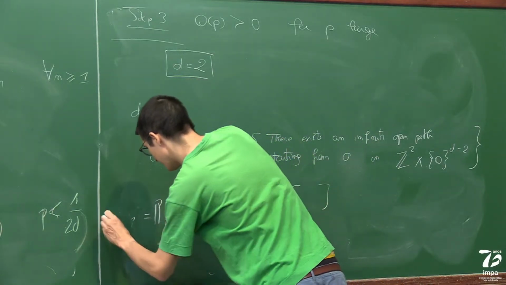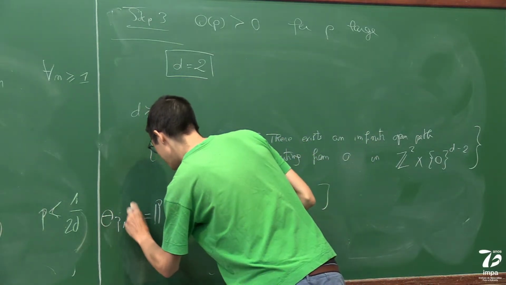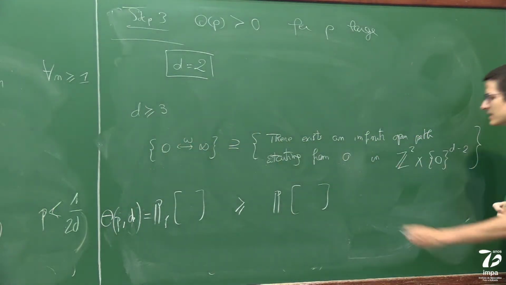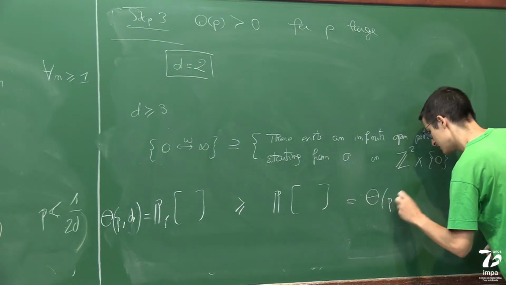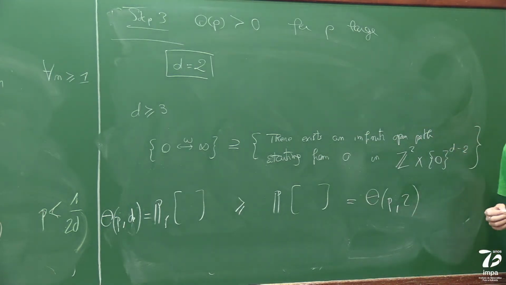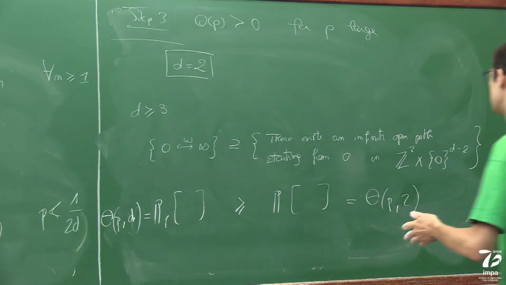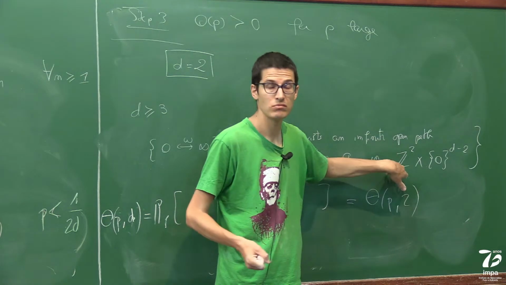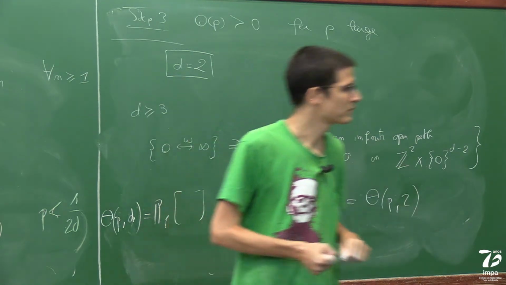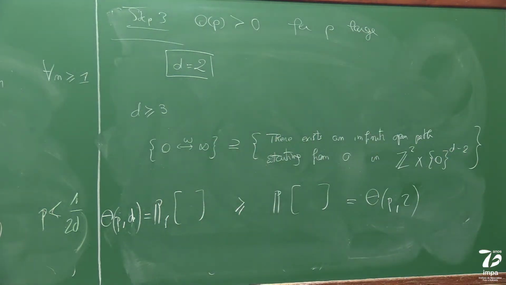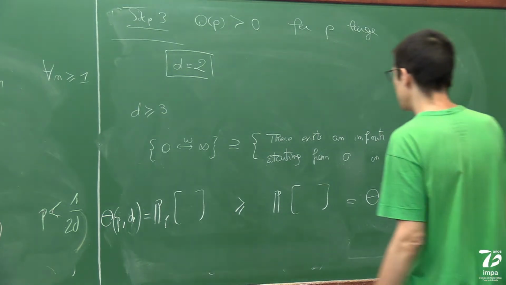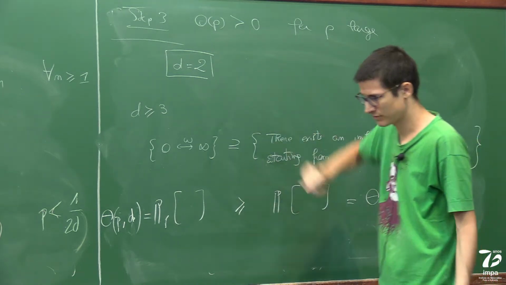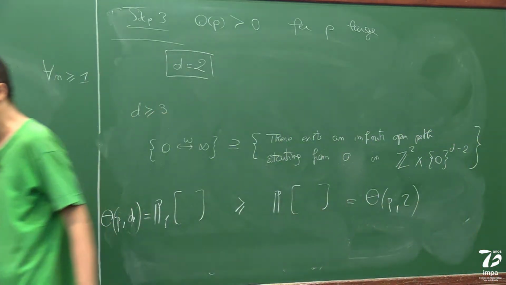Let me write it like theta(p, d). And this is exactly theta(p, 2), because this graph here is just Z^2. So basically theta(p) is increasing with the dimension. So it's sufficient to prove this in dimension 2.